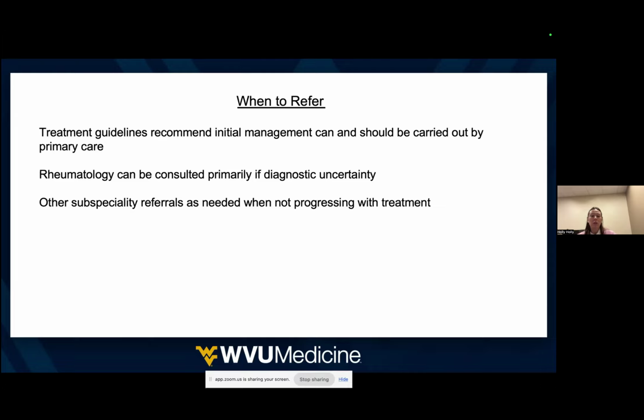And then you think about those other subspecialty referrals, like neurology teams and sleep teams, and then your psychiatrists and counselors, helping treat all those other comorbid conditions so that those are all tucked away neatly, which is ultimately going to lead to better outcomes for that patient.